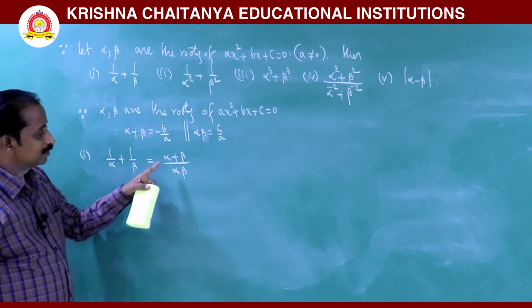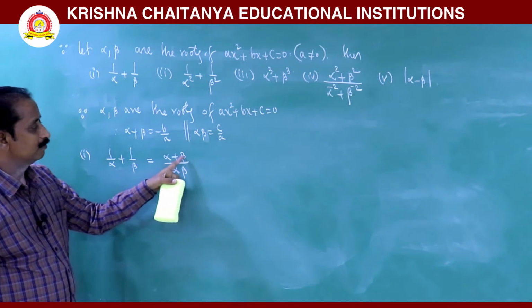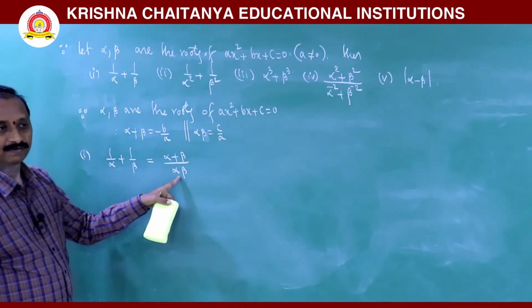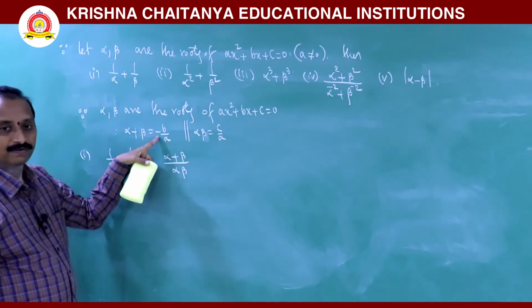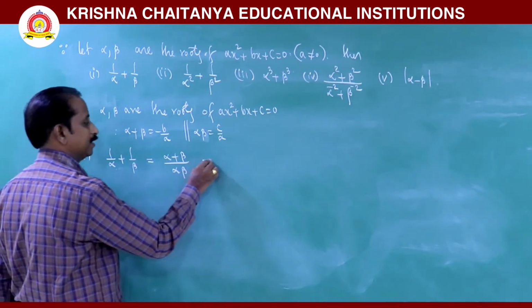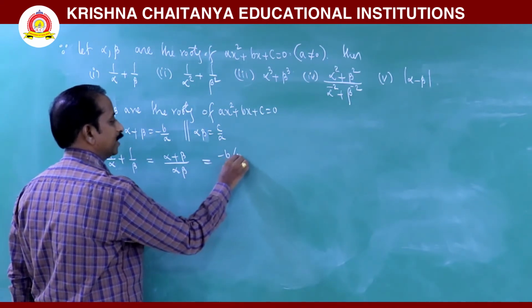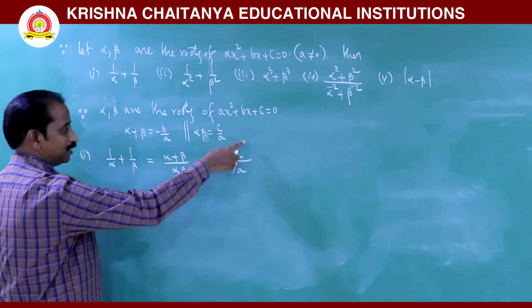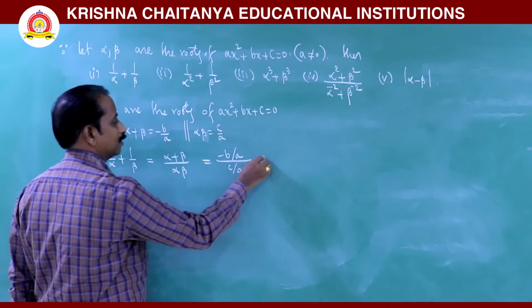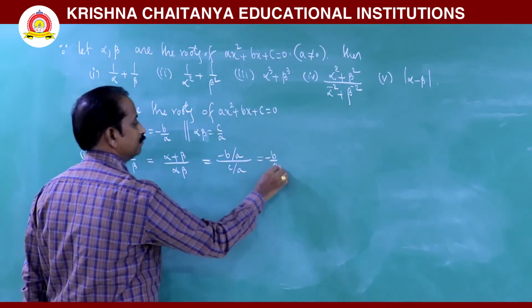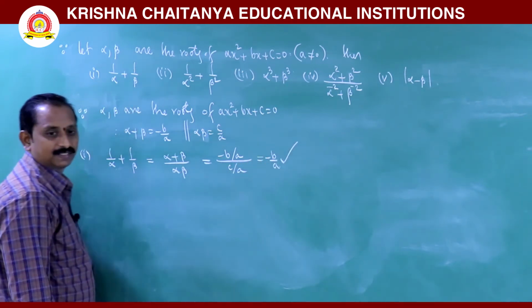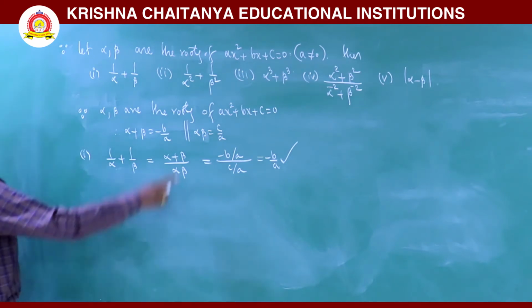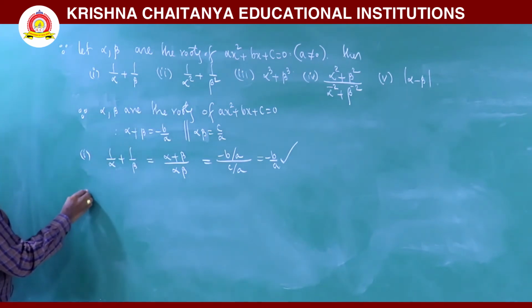What we know is the alpha plus beta value and the alpha into beta value. Alpha plus beta value minus b by a, whole divided by alpha beta value c by a. A getting cancelled, answer should be minus b by a. That is question number 1. Move to question number 2.